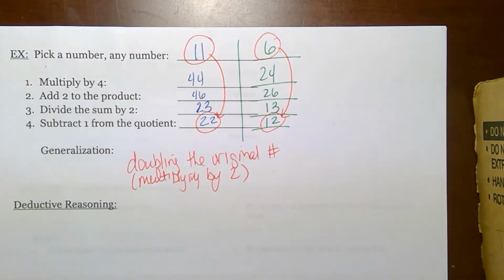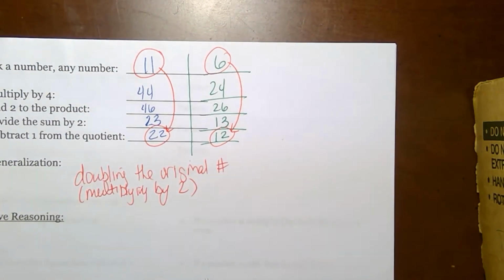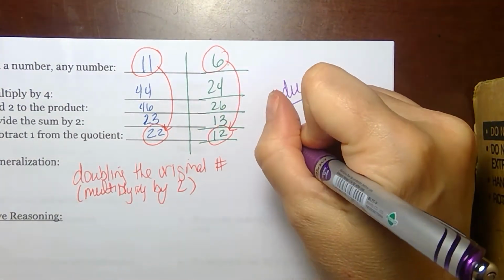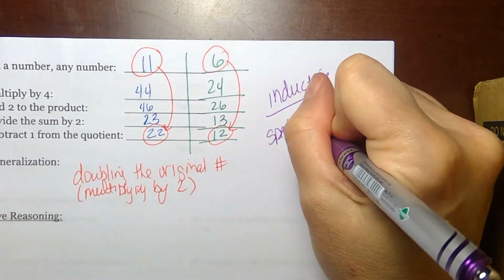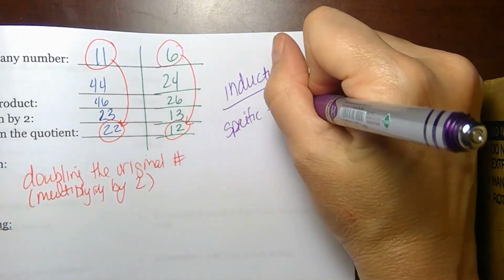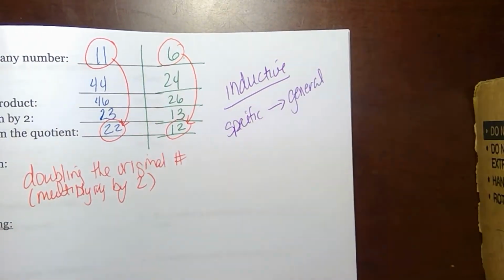So that I could predict for you what number you would end up with. Or you could tell me your final number and I could tell you what you started with. It's kind of a magic trick, math magic. This is inductive reasoning. And it is an example of inductive reasoning because we are starting with specific examples and we are forming general conclusions from those specific examples.